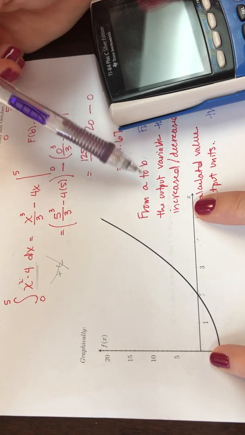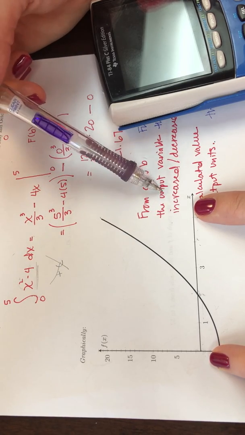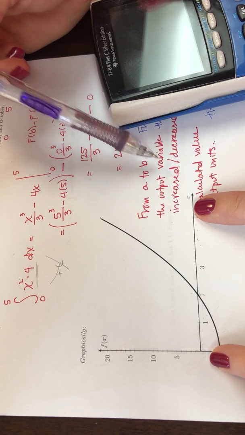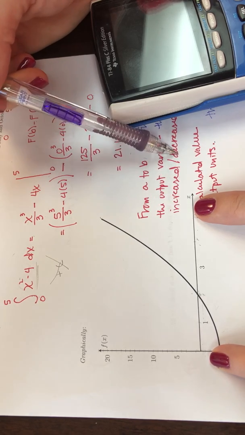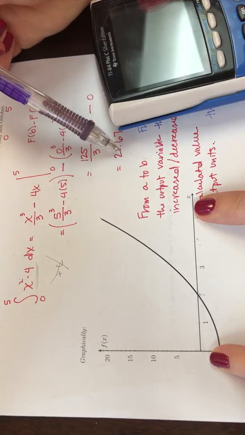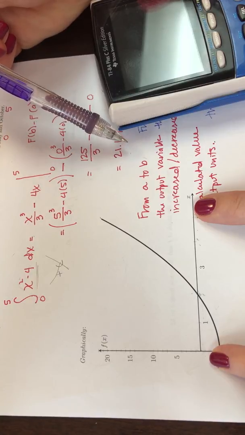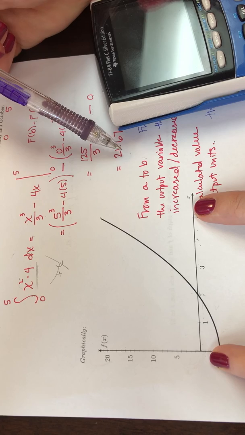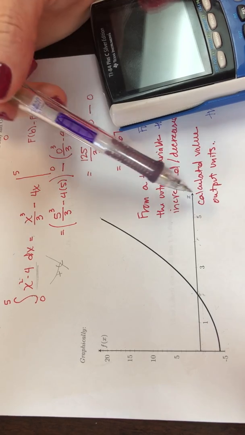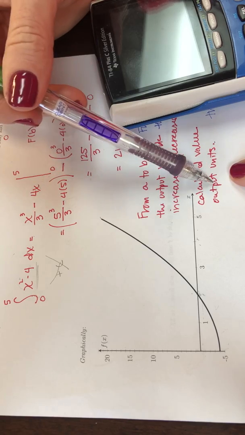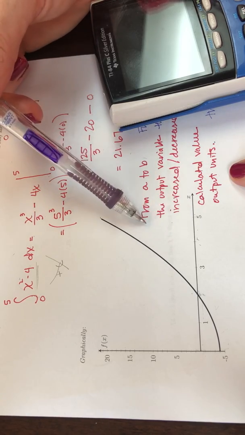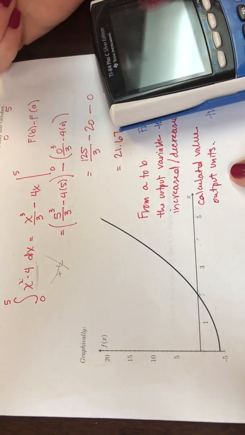So you're going to say from A to B, from left wall to right wall, the output variable, what you're measuring, either increased or decreased, because it either went up or it went down. Positive number went up, negative number went down. Could be 0, which means it didn't change, but you're going to get a positive or a negative number. And then you state the calculated value, and then you put output units. It's a little 5-point skeleton.